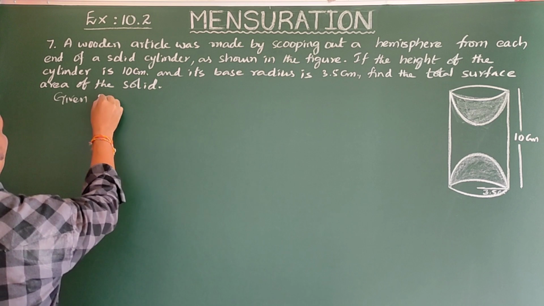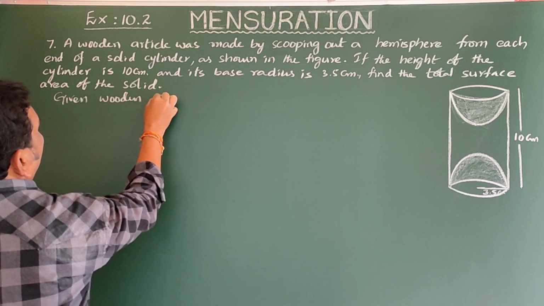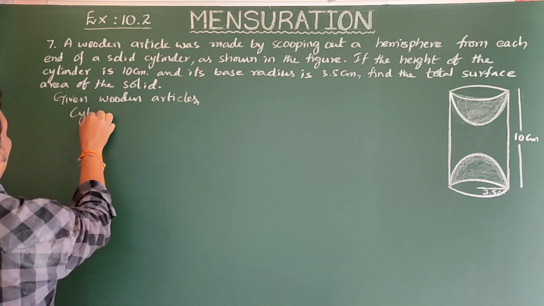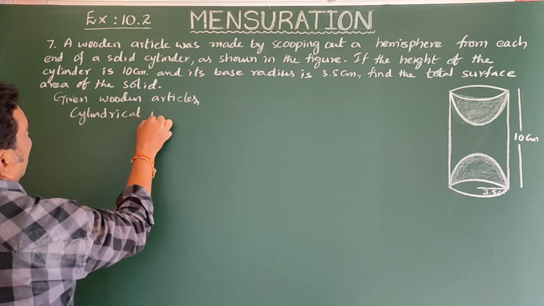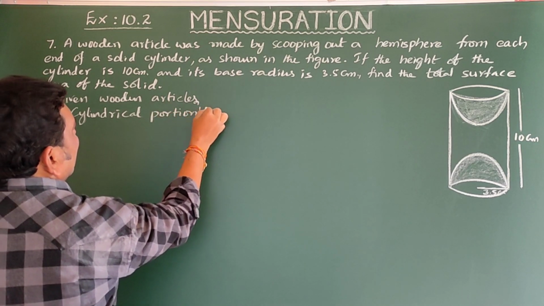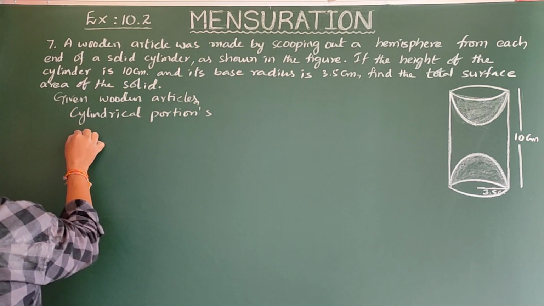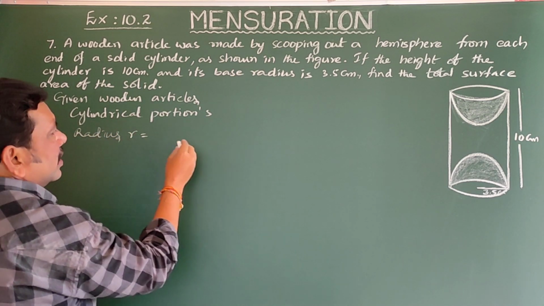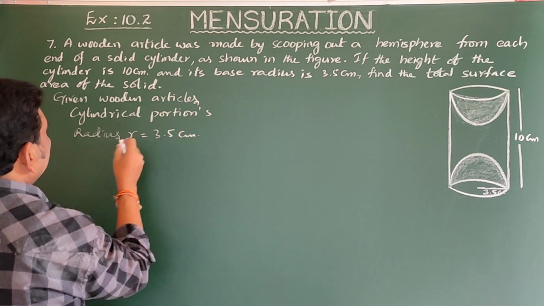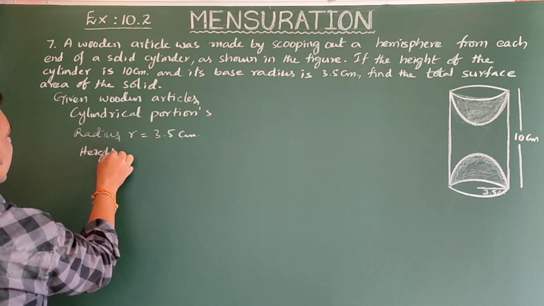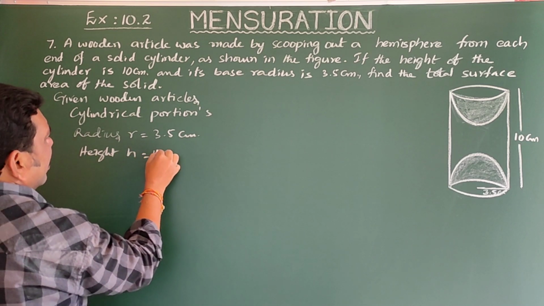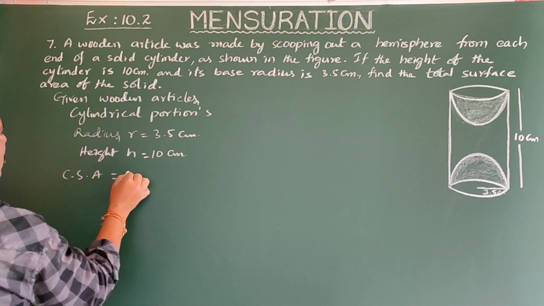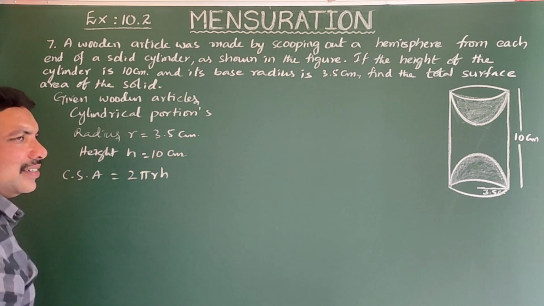Given wooden article, first cylindrical portion, radius r is equal to how much? Yes, 3.5 centimeters. Next, its height h is equal to 10 centimeters. Right? Next, its CSA is equal to, what is the formula? Yes, 2 pi r h.